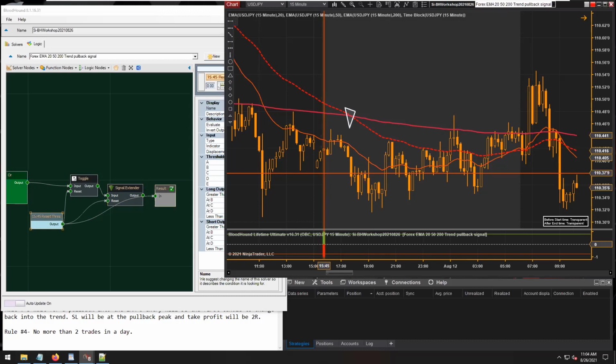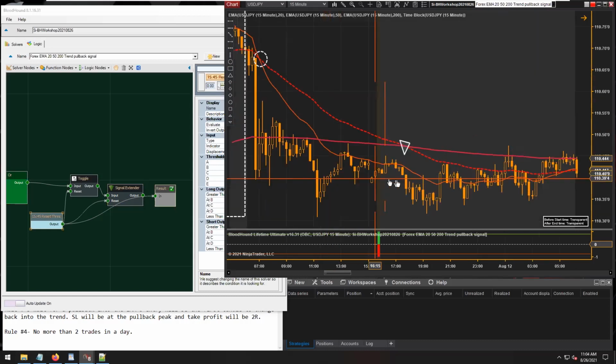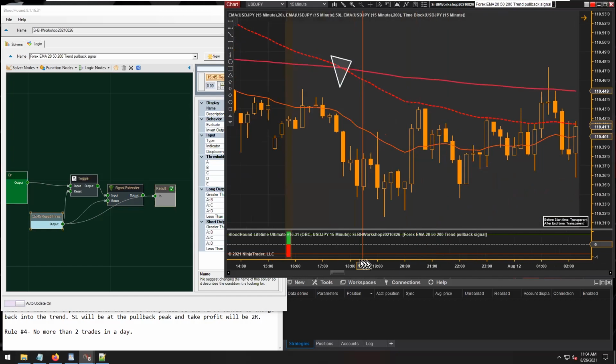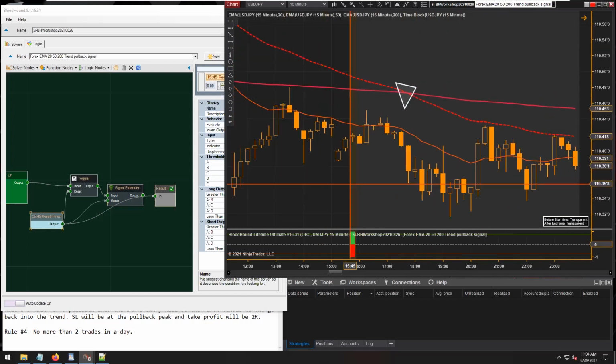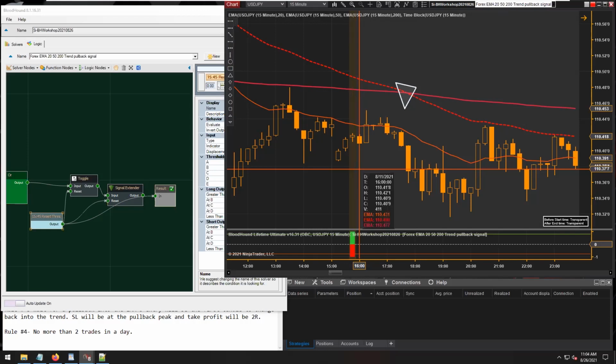So when you're working with time, you do sometimes have to do some conversions in your head. Like right here where my cursor's at, this is when the bar closed. This bar actually existed from 1545 until 1600.